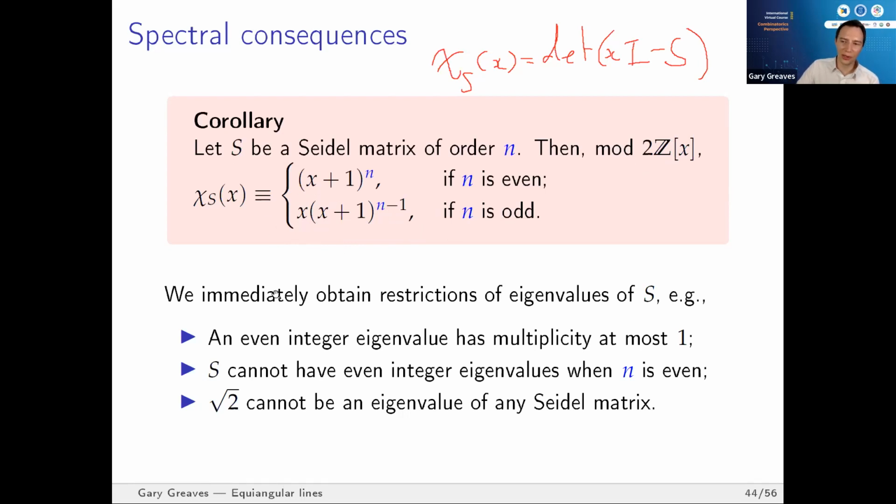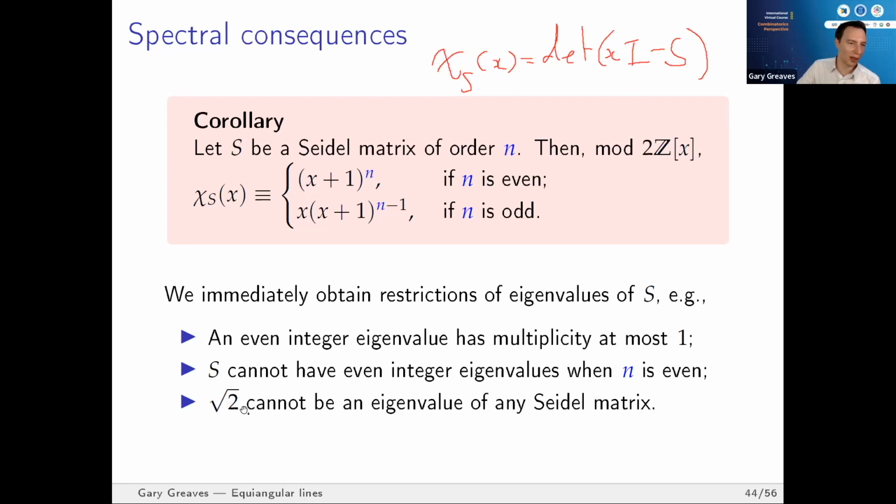And so immediately we can see that if you have an even eigenvalue, the multiplicity is at most 1, because here there's just 1. So an even integer eigenvalue has multiplicity at most 1. And furthermore, if n is even, you can't have any even eigenvalues. There's no x factor here.